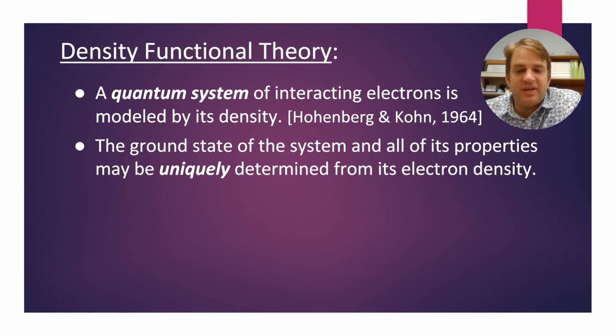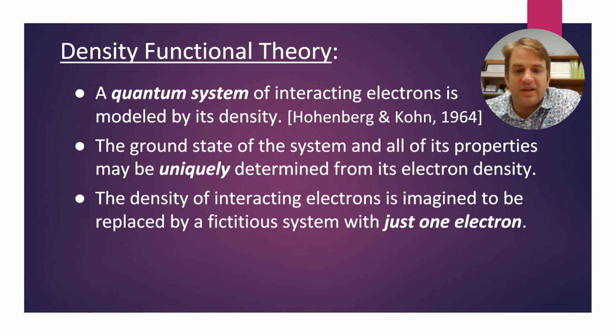Now, this seemingly classical property, like the density of a cloud or the density of mist, can now be used to determine all properties of interest to a physicist or a chemist. And in fact, we can model the whole system if we imagine it to be replaced even by a fictitious system with just one electron. We can imagine the same electron copied over and over again to give us the density of the actual system.